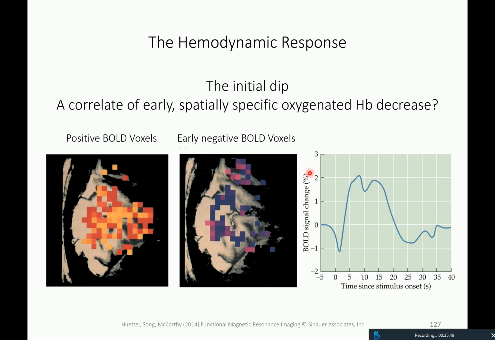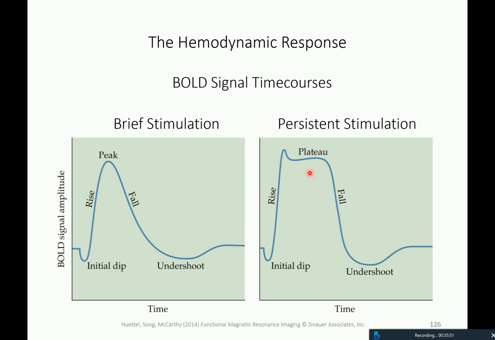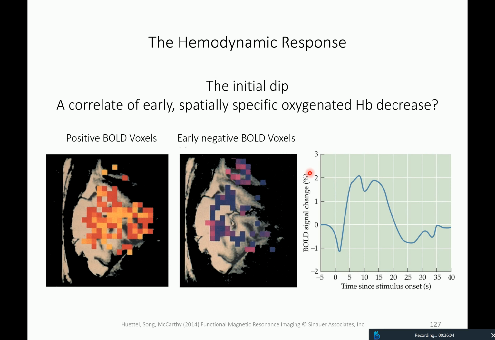Then there are these two aspects of the BOLD signal that have been the center of debate and scientific discourse: the initial dip and the undershoot. The question is, where do they come from?